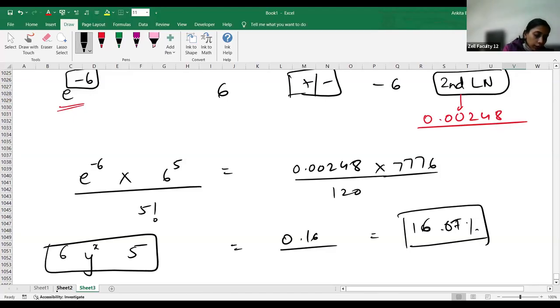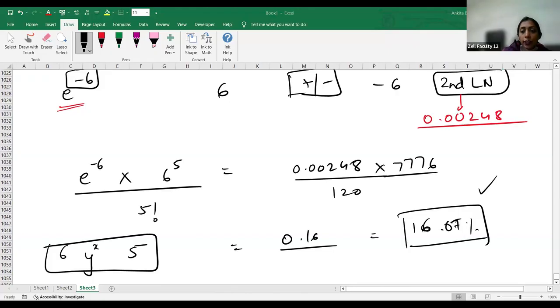So you saw how this value can be calculated. What does it indicate? This means that if the incoming calls are 6 calls every minute, then there is a 16.07% chance that there will be 5 incoming calls in a minute.